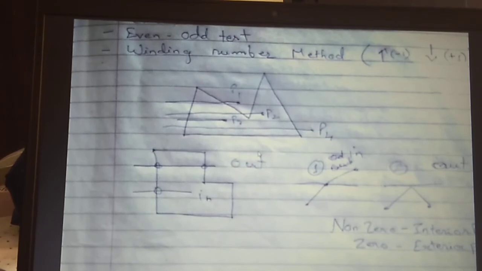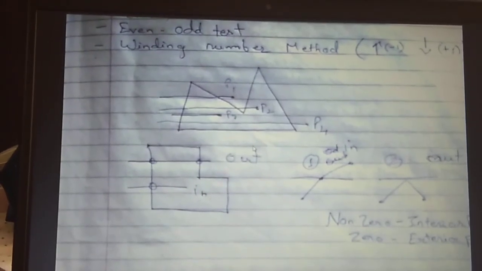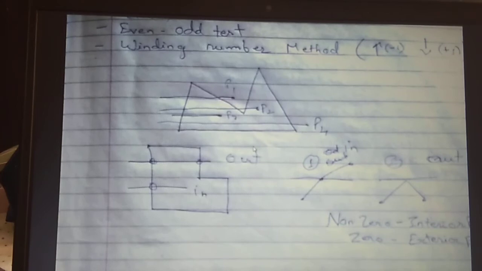What is the winding number method? It is an alternate method for defining a polygon interior point. Consider a piece of elastic between the point in question and a point on the polygon boundary.